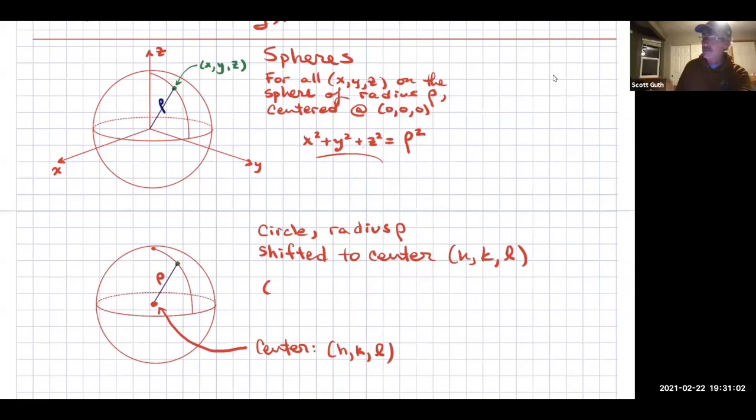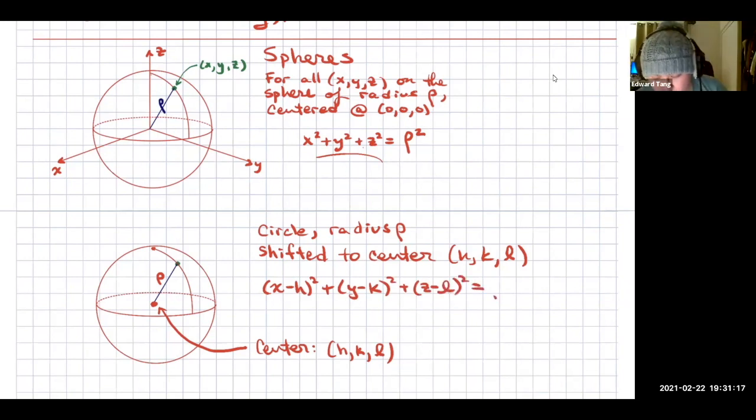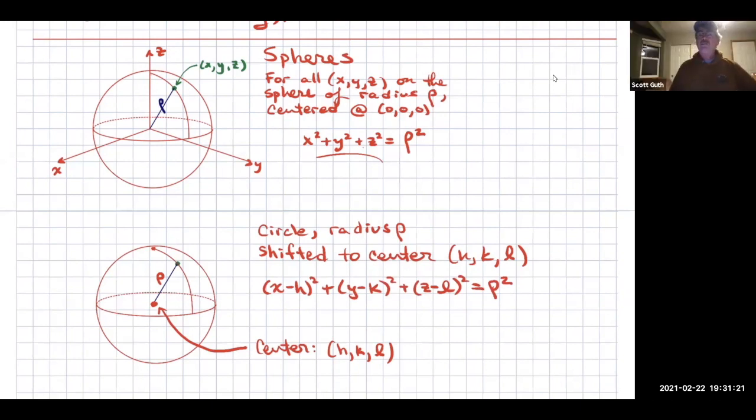Is it plus? It's minus. Minus, right? Yeah, we always subtract when we shift. So x minus h squared plus y minus k squared plus z minus l squared equals the radius squared. Okay, let's go ahead and do our break.